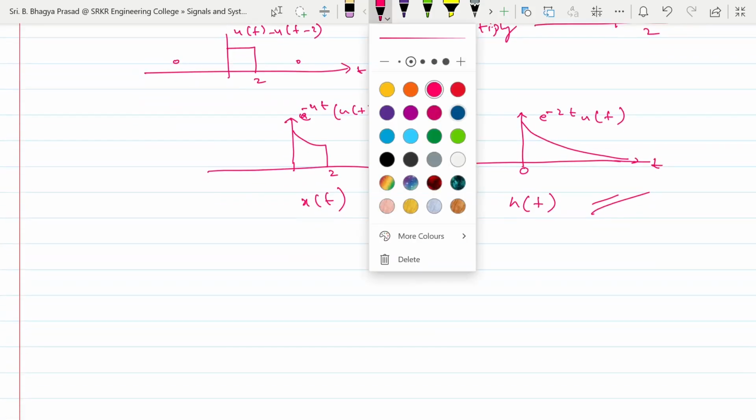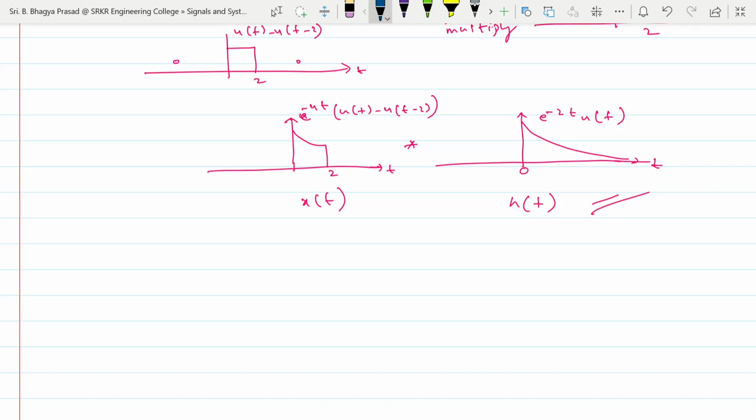Here I am time folding this one and shifting. Time folding, I will get it like this, and after adding t you will get it like this.